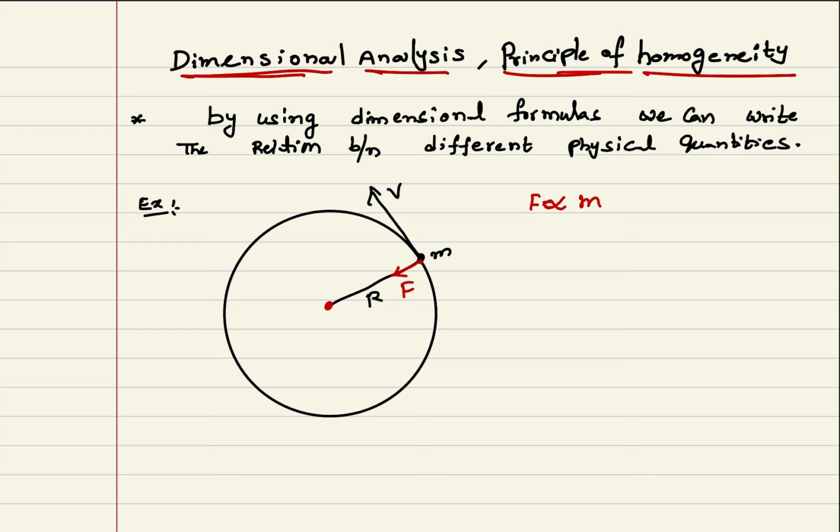If this centripetal force is depending on the mass and velocity as well as radius, what is the relation between the force, mass, velocity and r?